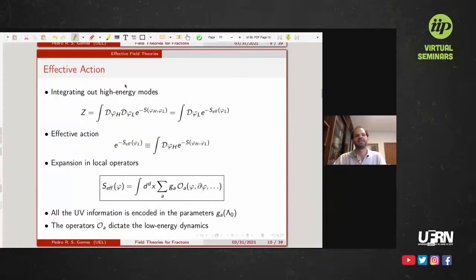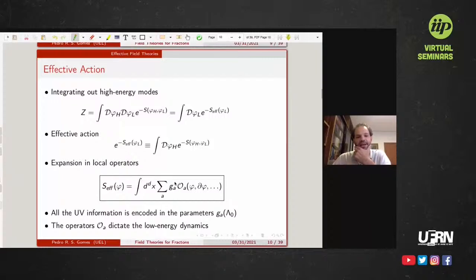In this case, the partition function can be written in this way, and the effective action is formally defined by integrating out the high energy modes. Okay, so this is the formal definition. And the typical form of the effective action is in this way. It is given in terms of an expansion in local operators, right?